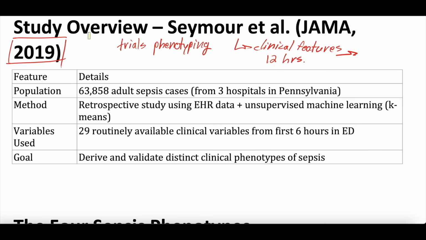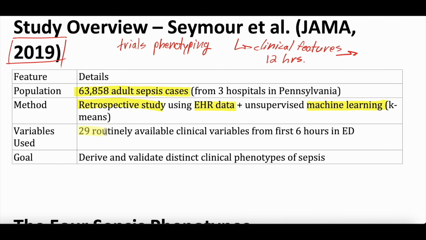They looked at almost 64,000 adult patients with sepsis. It was retrospective. They looked back in time using the electronic health record and used machine learning. This is outside of our area of expertise, so we can't really comment on how robust this is, but they have an incredible machine learning approach to this retrospective chart review.